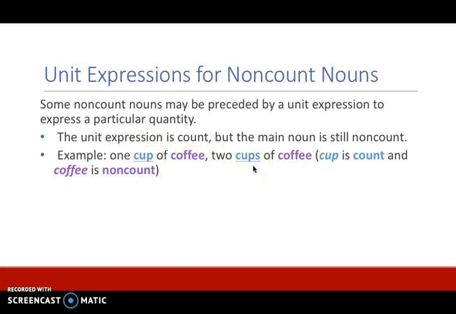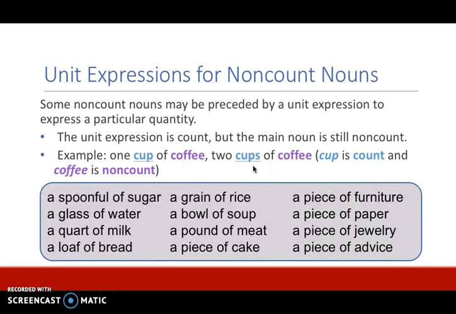The coffee is non-count. There are many unit expressions for non-count nouns, especially for liquids, for different food items. There are a lot of unit expressions for these. A spoonful of sugar, a glass of water, a loaf of bread, a grain of rice.